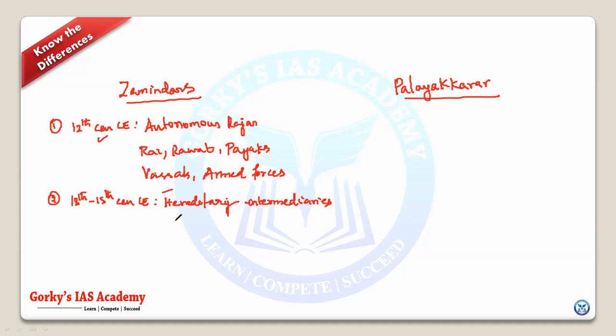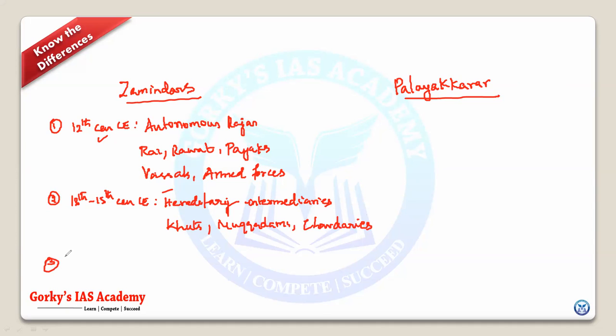And these intermediaries were called Uts, Mukaddams, Chaudhries. Ut, Mukaddams and Chaudhries. It was actually used by Amir Khusro to mention these intermediaries.